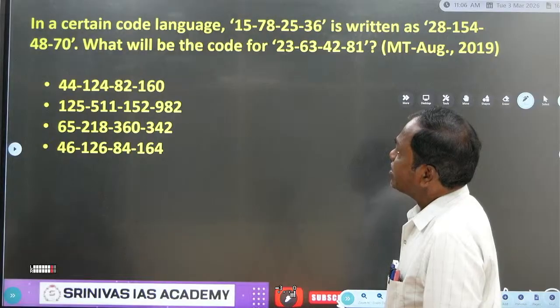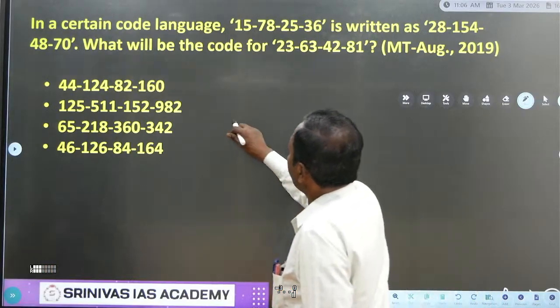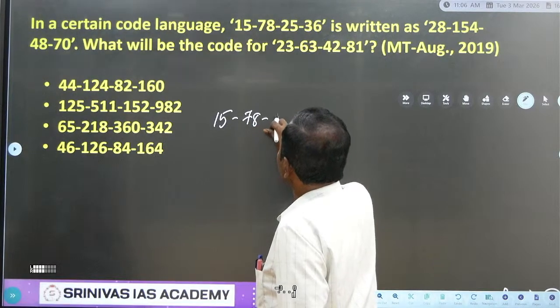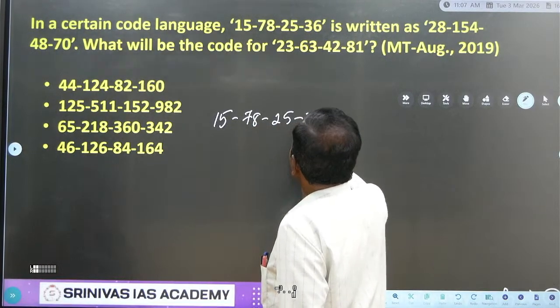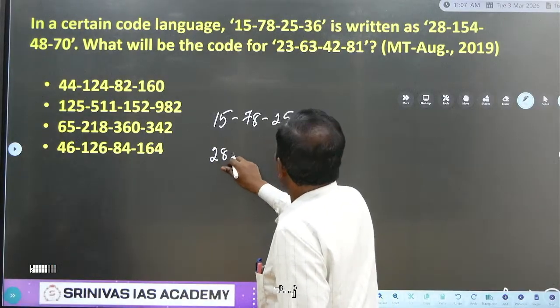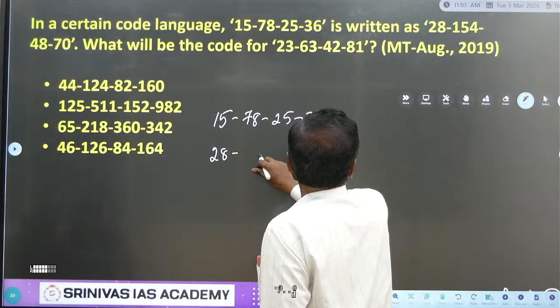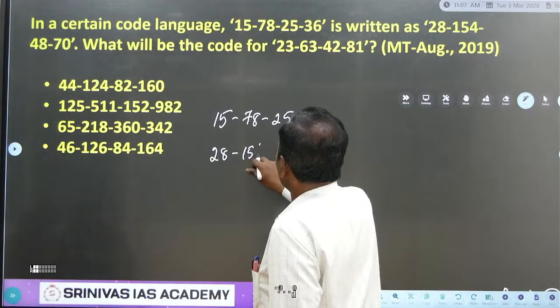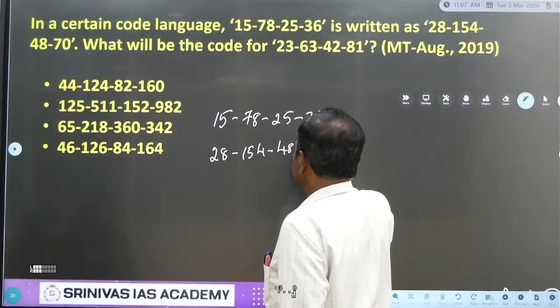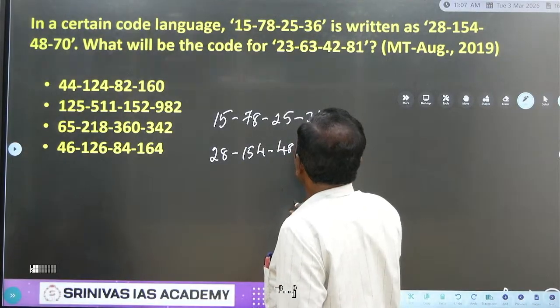Now, in a certain code language, 15, 78, 25, 36 is written as 28, 154, 48, 70.